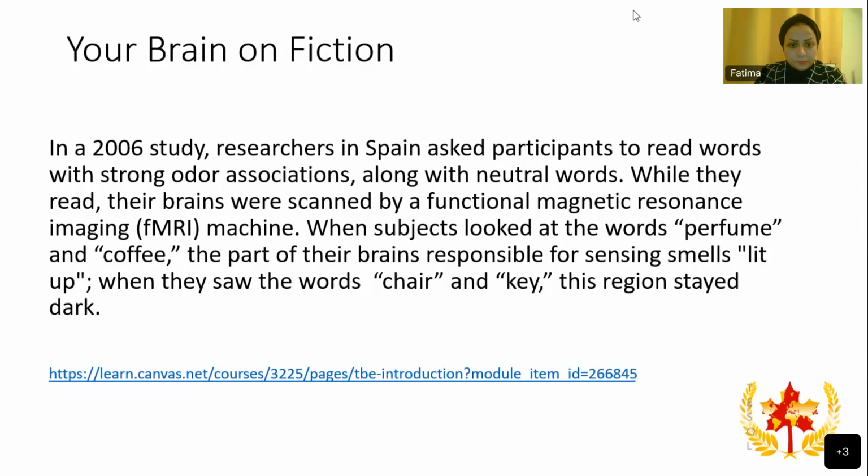So it supports the last paragraph with an example, maybe the connection between brain activity and reading. So now they're talking about a specific study with a specific date, right?